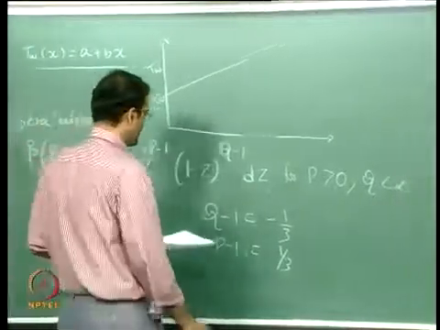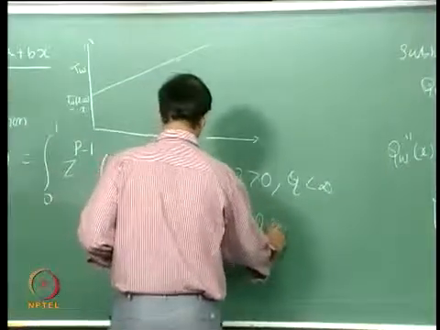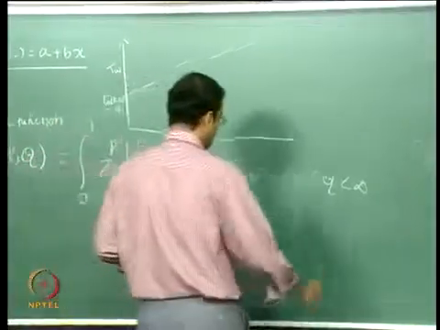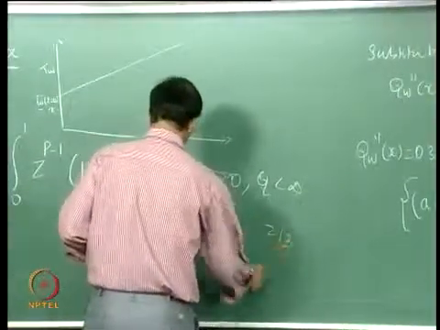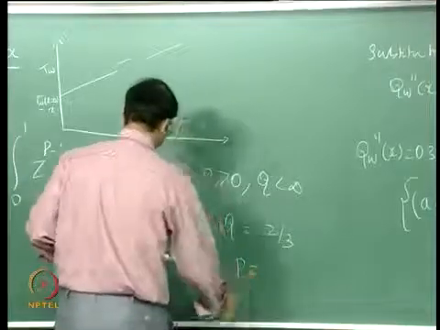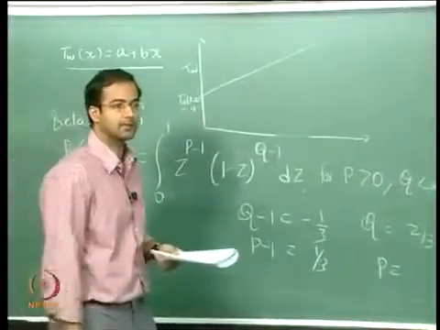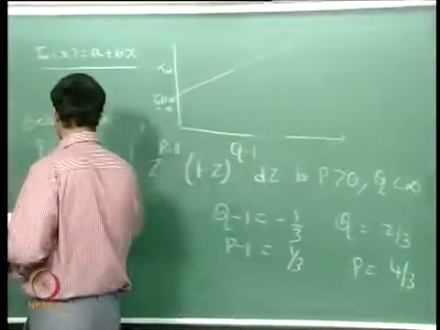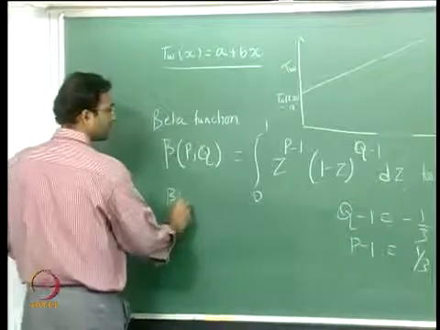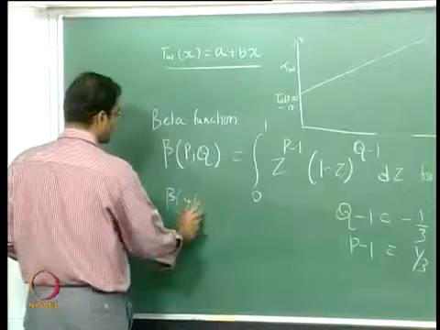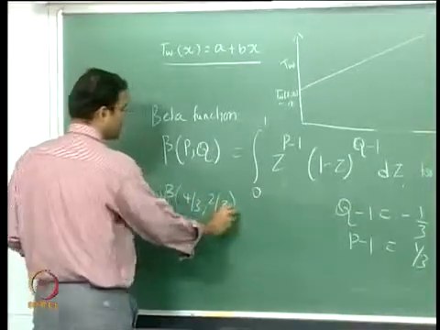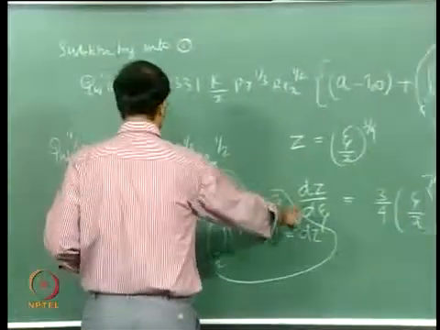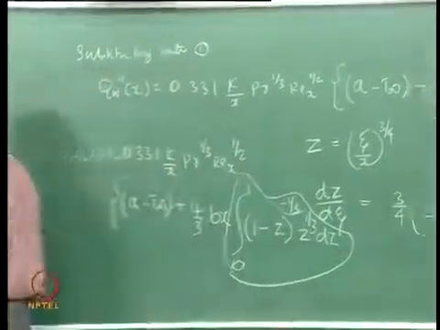Therefore q is equal to 1 minus 1 by 3, 2 by 3, and p equal to 1 plus 1 by 3, 4 by 3. So p and q will be 4 by 3 comma 2 by 3. Therefore this entire term can be written in terms of the beta function.